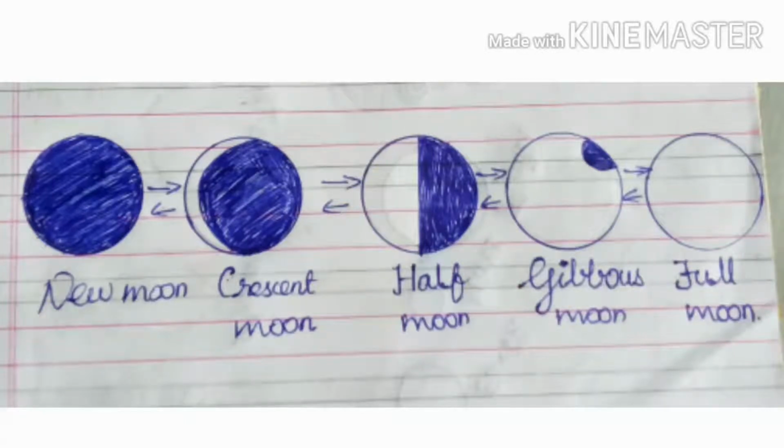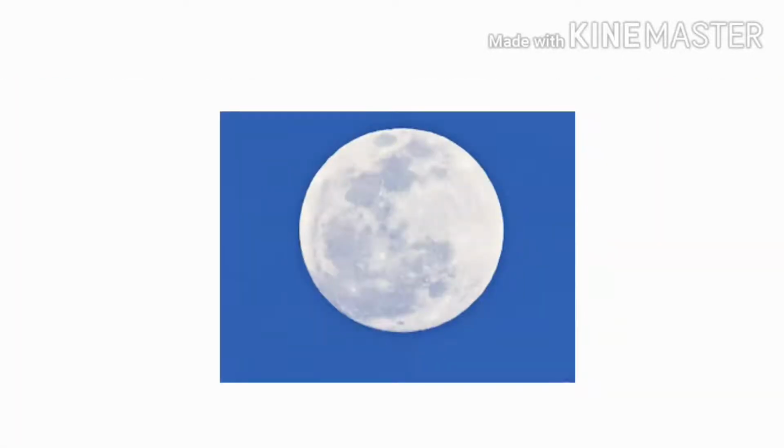New moon or no moon, crescent moon, half moon, gibbous moon and full moon. Which is the natural satellite? That is moon. In which phase are we not able to see the moon? Yes, the answer is new moon. In new moon, we are not able to see the moon.